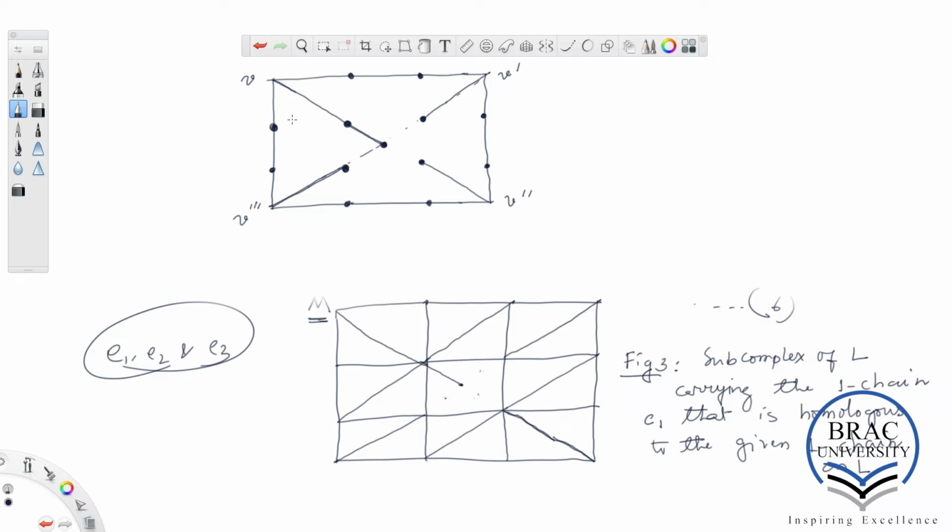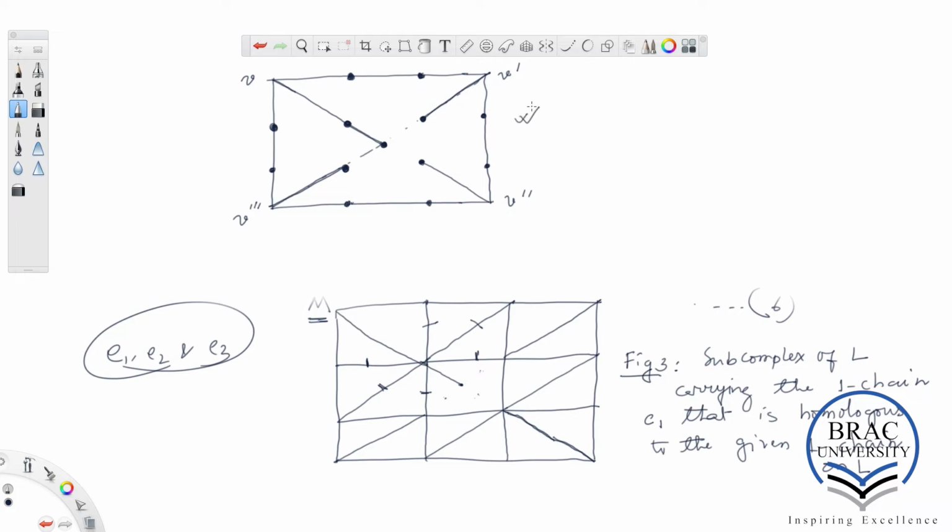Now I leave it as an exercise for you to check that you can similarly push the one chain off this one simplex, this one, this one, and so on like this to arrive at this subcomplex.